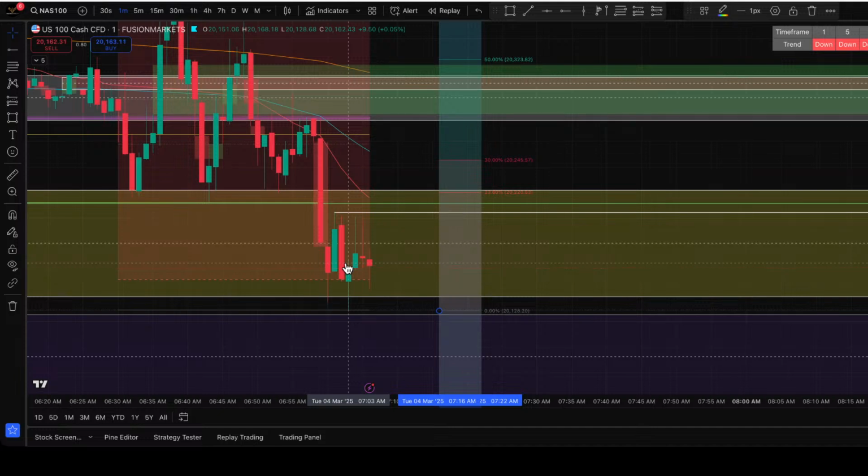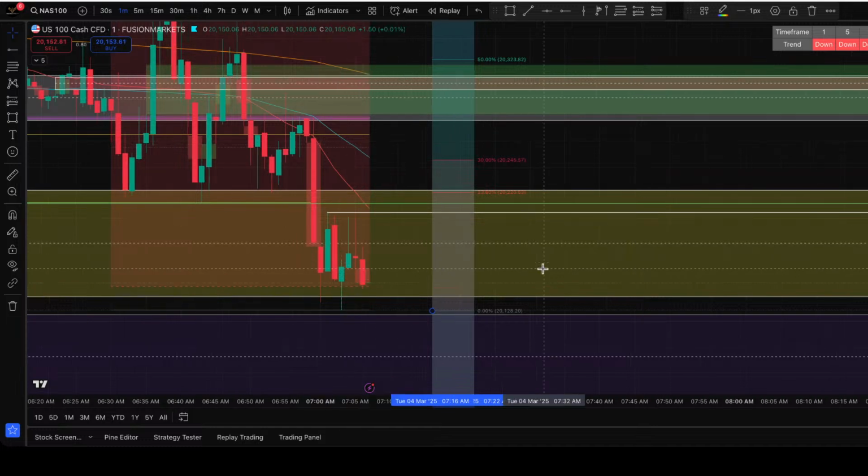I use those as a confluence to see if the market wants to bounce off of and/or is drawn to that zone. But the rest of my strategy is 100% sticking to the rules of spotlight.